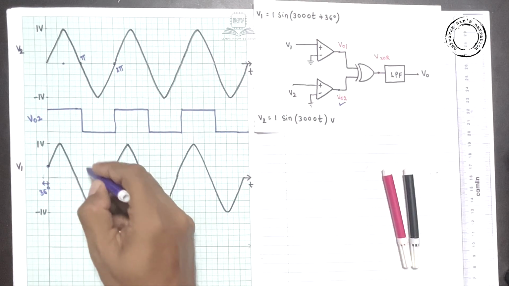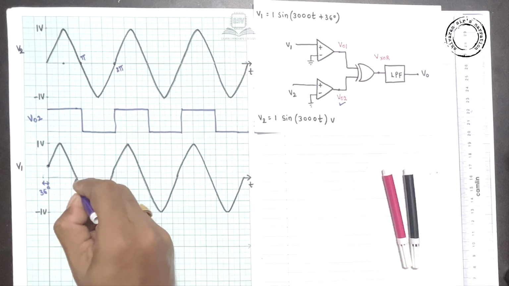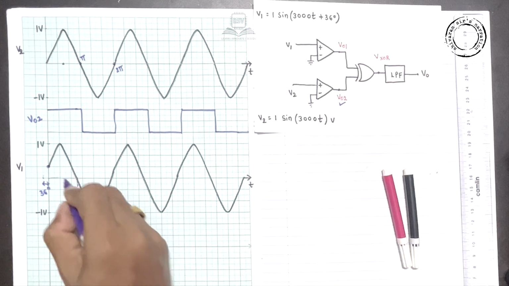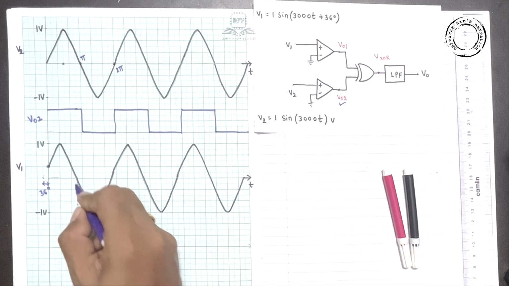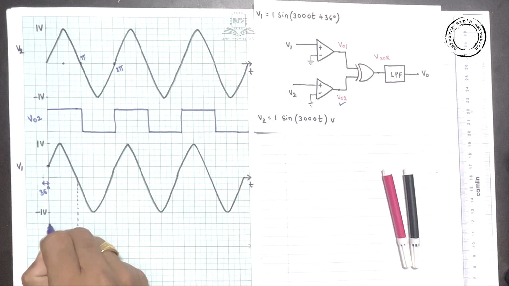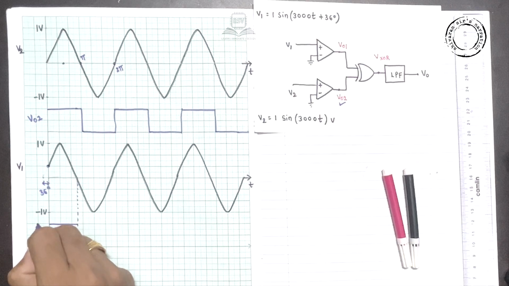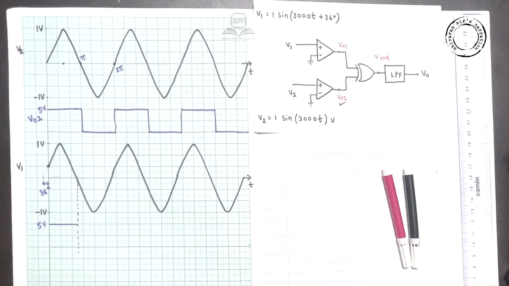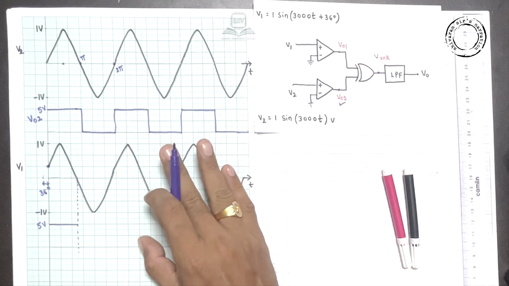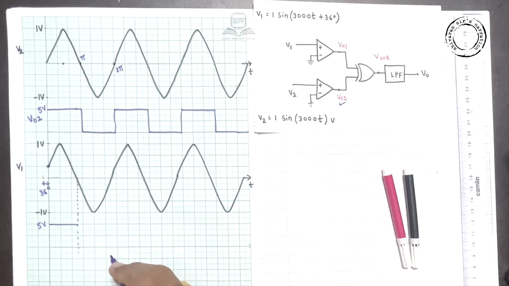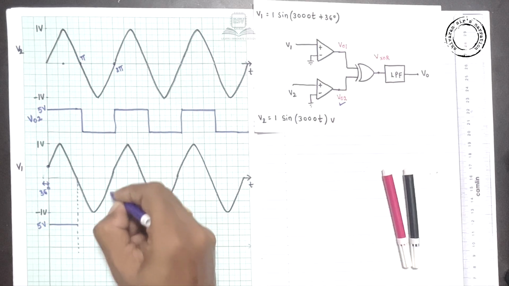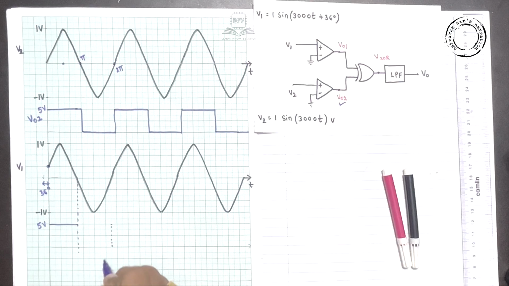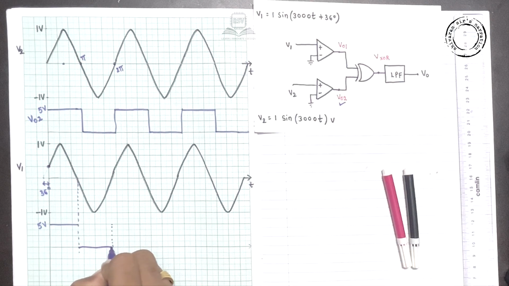You can see exactly till here the input is in the positive half cycle, so the output will be the max value of 5 volts, because in the question they clearly mentioned that the output voltages of the XOR gate are a maximum of 5 volts and a minimum of 0 volts. Fine. Now exactly till here, you can see it's a negative component, therefore it's 0 volts.